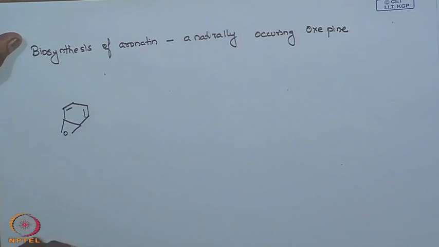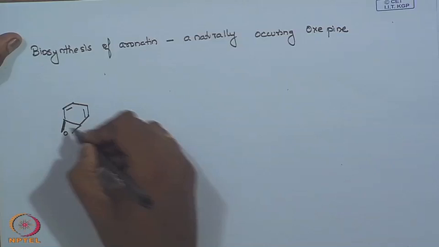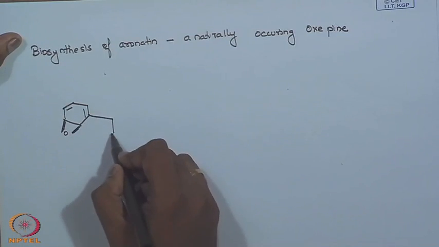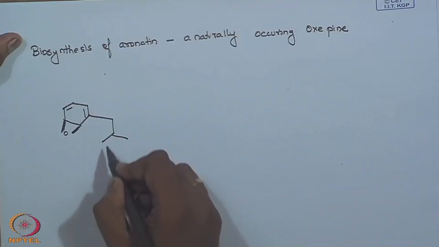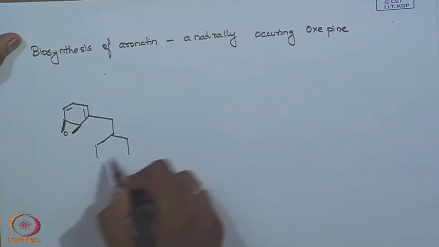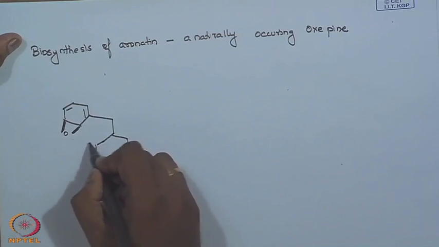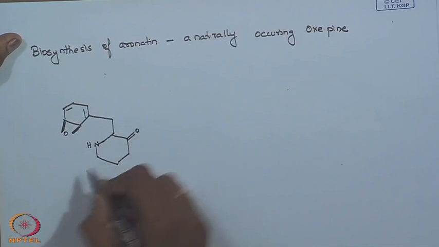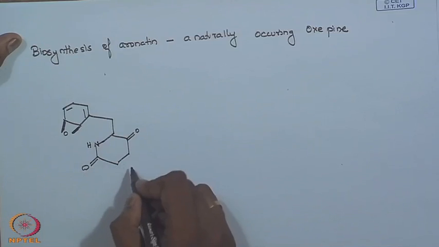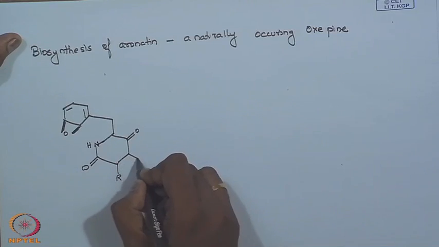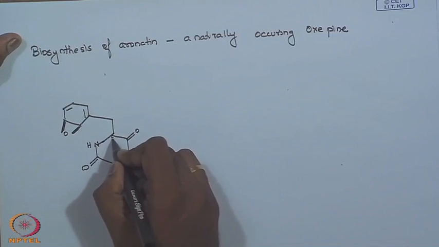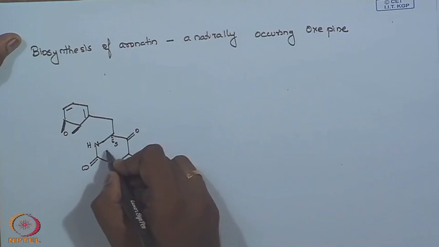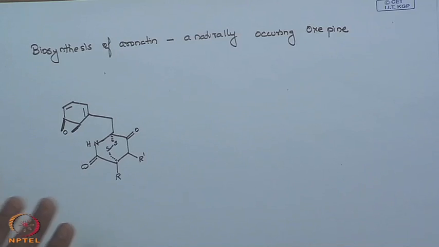So I can have an epoxide, a carbonyl, R, and then you can have R prime. I can have a disulfide linkage here. So you have a system like this.